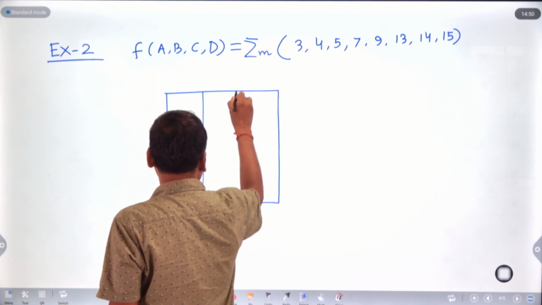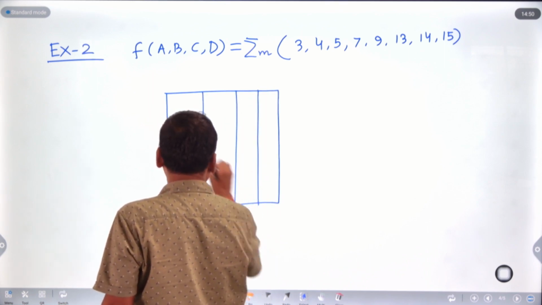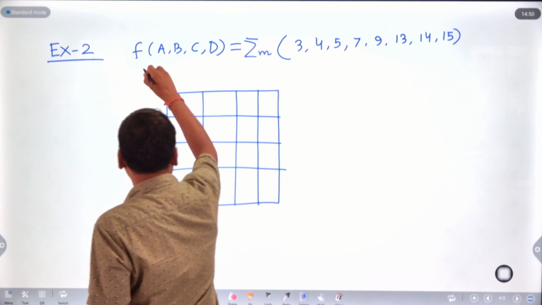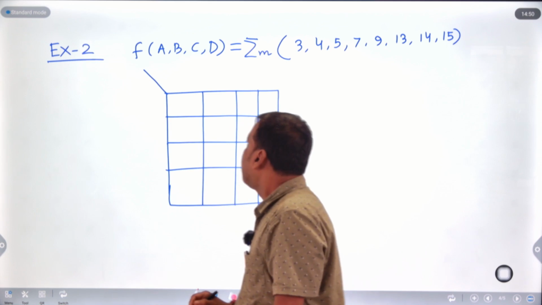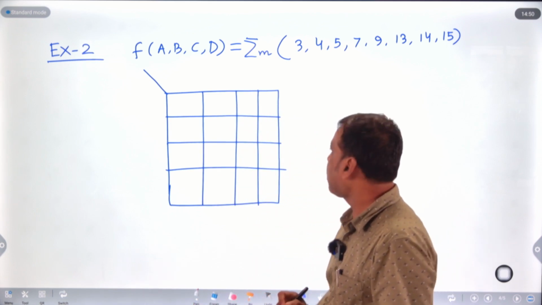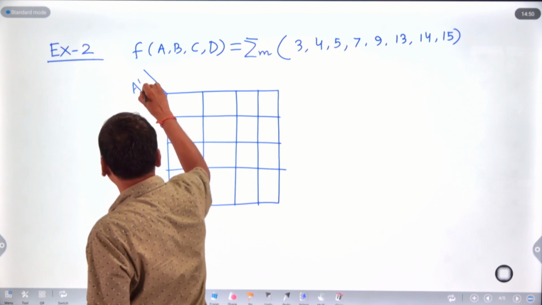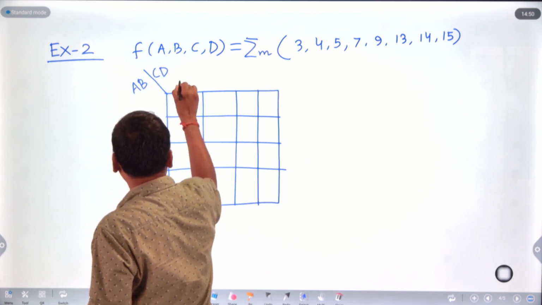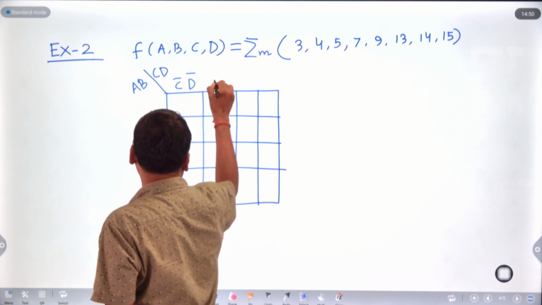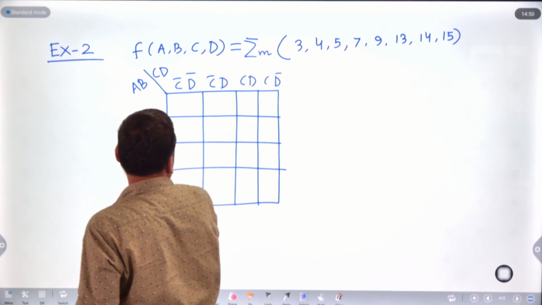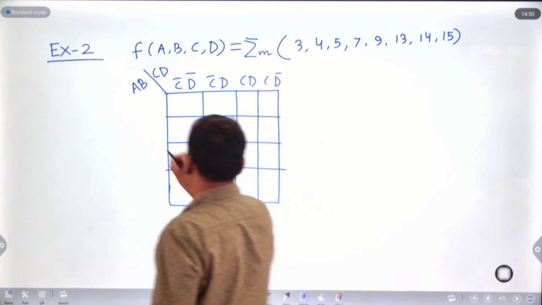In 16 squares, put the min terms in respective squares and group the min terms, then find out the minimal product terms. Then if you add all the product terms, you will get the minimal sum of product. First of all, consider the 4 variable KMF and put the min terms in respective squares here.